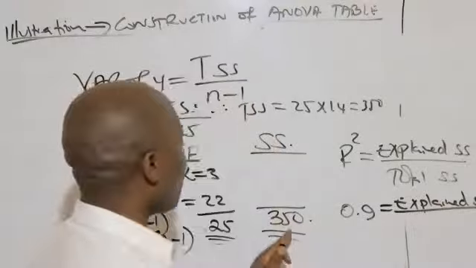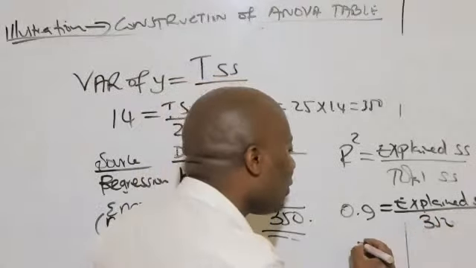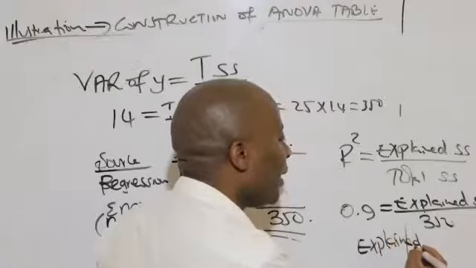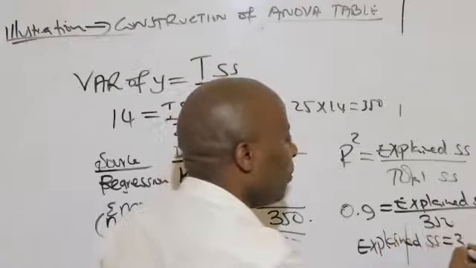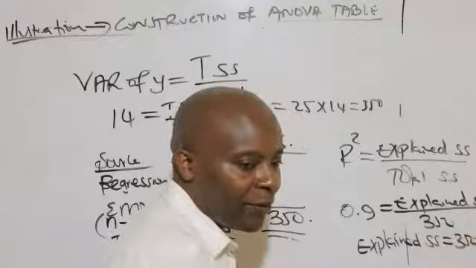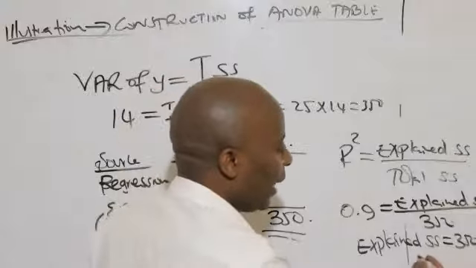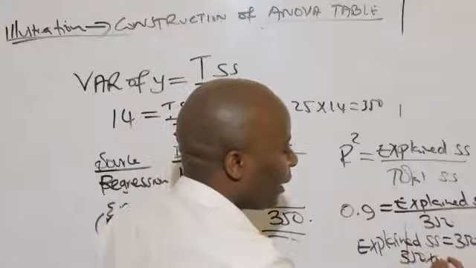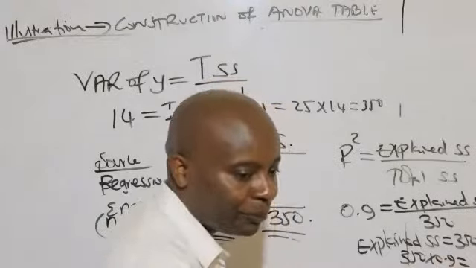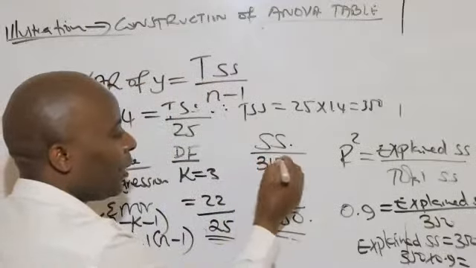The total sum of squares is 350, implying that at the end of the day my explained SS will be 350 times 0.9. So what figure does this give us somebody here? 315.